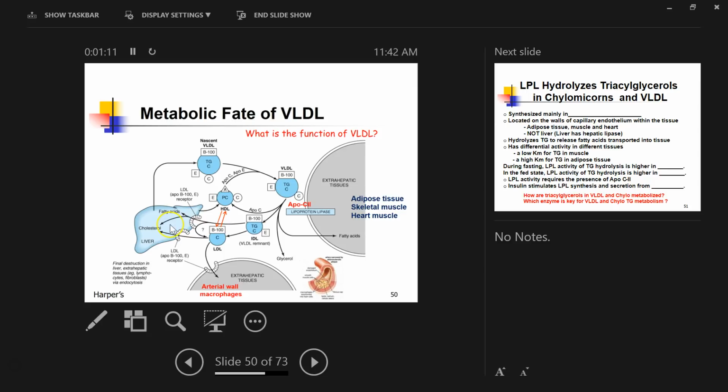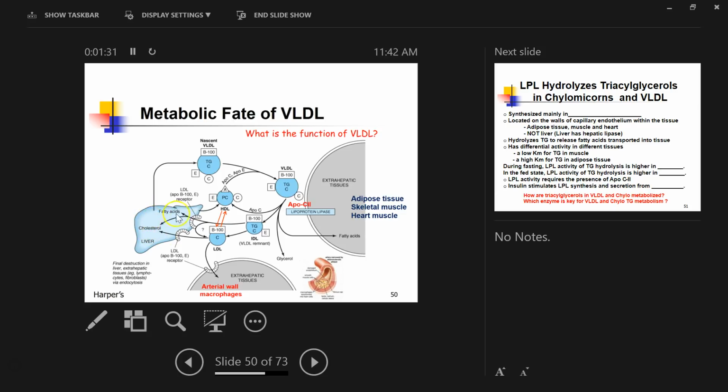And the third is during disease conditions, for example diabetes, where they usually have high levels of fatty acids in the circulation, which can also be picked up by the liver for synthesis of VLDL.